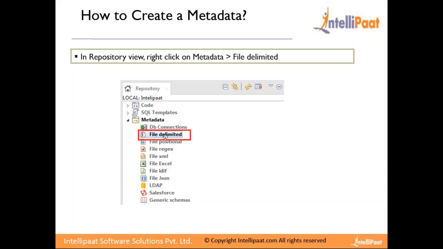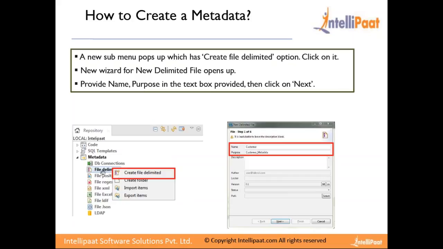To create metadata for a CSV file, we have to right click on the file delimited option. Then we'll see a submenu which has options to create file delimited, create folder, import and export items.